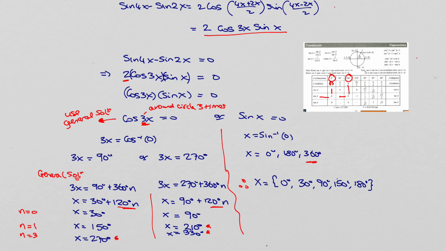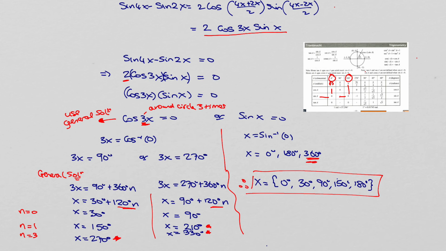And I eliminate the 360, the 210, the 330, and the 270. So 0 to 360, I would include all of those answers, but because we're going 0 to 180, I only have five solutions in my set. Okay?